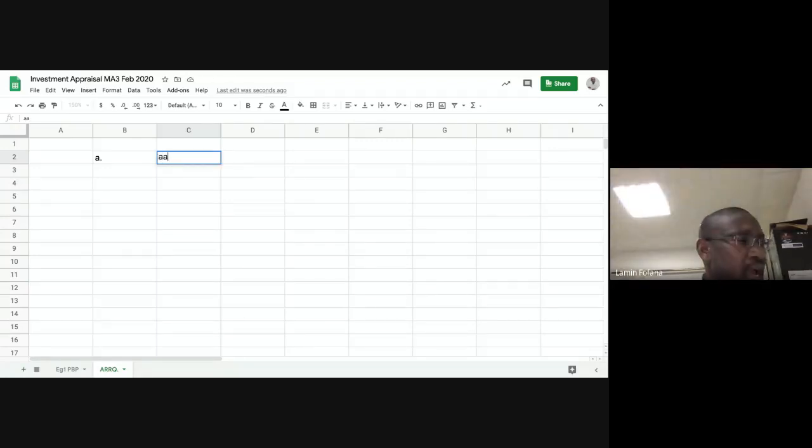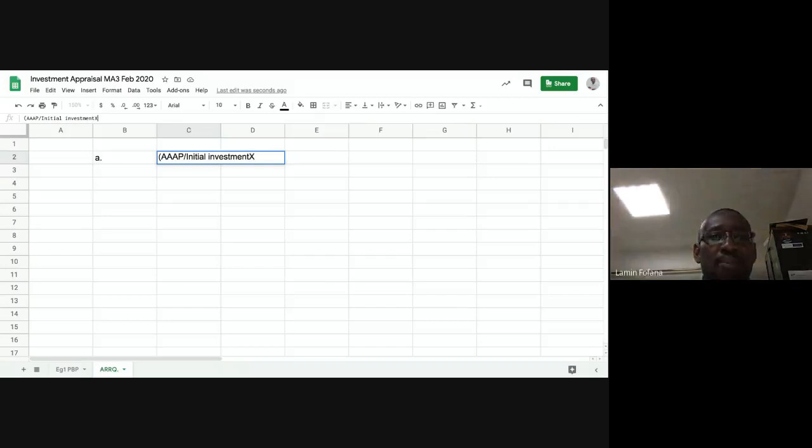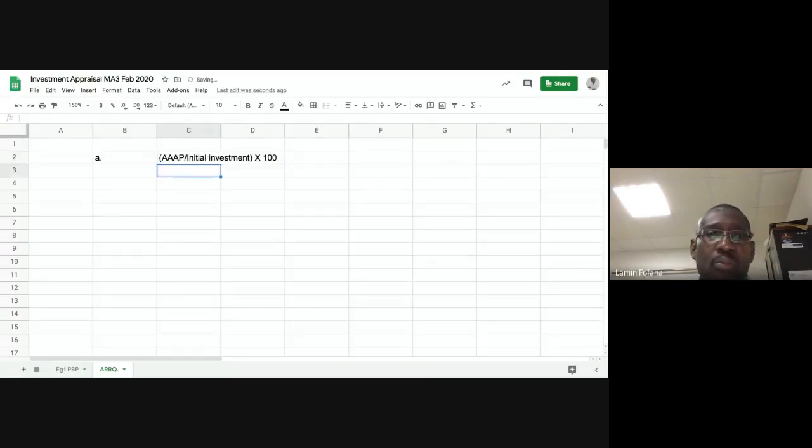Average annual accounting profit, divided by initial investment, in brackets, multiplied by 100. So this is the formula we use for the first one.